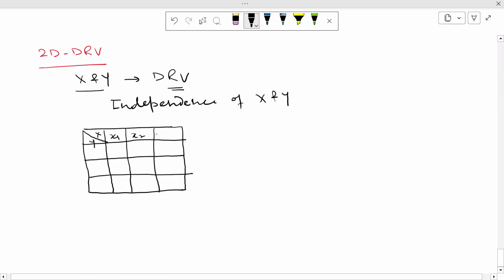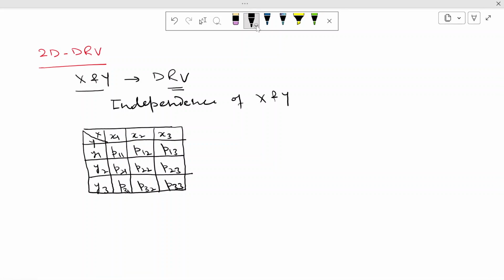Let's say we have three values of x and three values of y. So here we have P11, P12, P13, and P21, P22, P23, P31, P32, and the last one is P33.